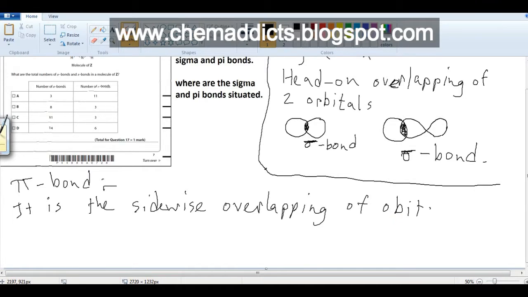Overlapping of two orbitals. So what are the examples? Here is the example, two p orbitals joining sideways.